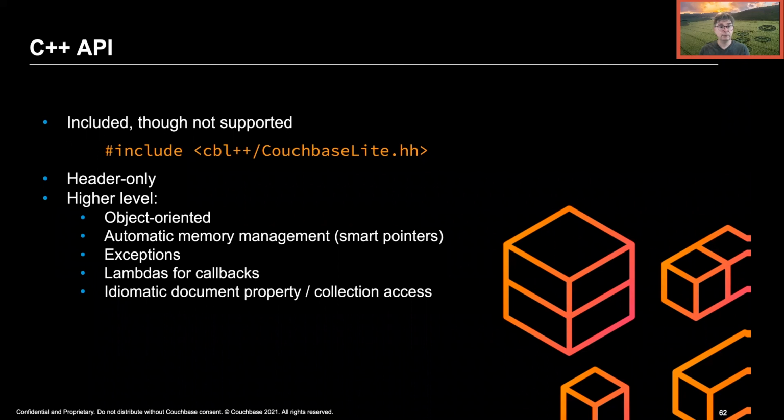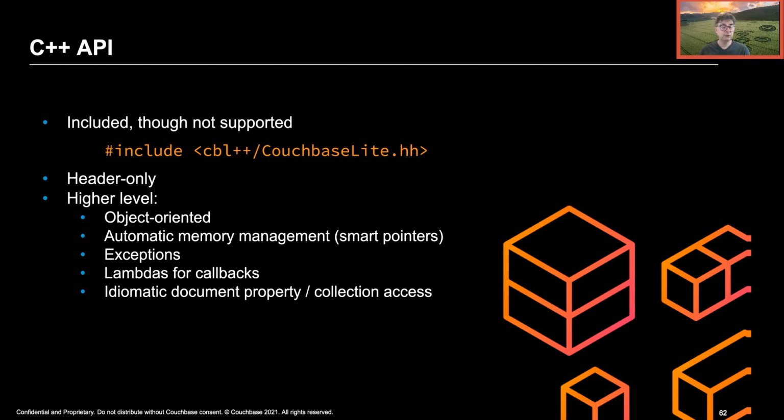It's header only, so all of the code is very easy to see, and you can change it if you want. It's definitely higher level. It exposes all the classes as real classes. It uses smart pointers to do automatic retain release, so you never have to worry about calling release on stuff. It automatically checks the error results from the function calls and will throw C++ exceptions if they fail, so you can use try-catch exception handling.